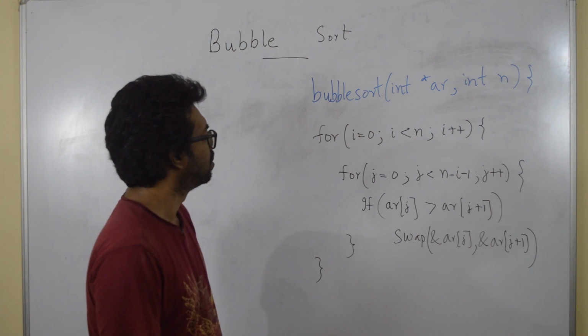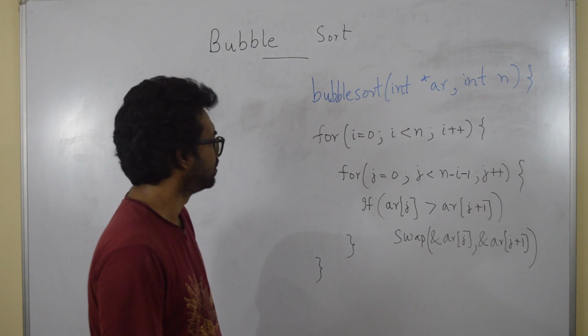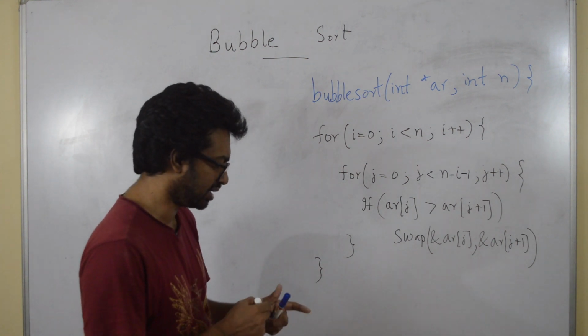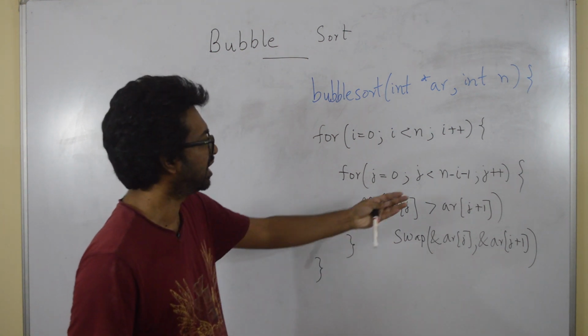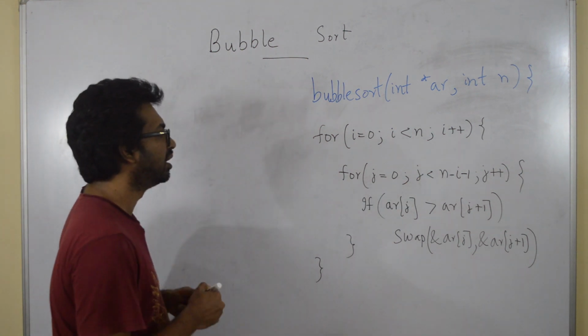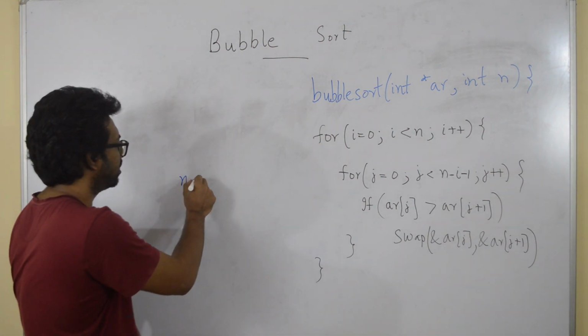Okay, now this is fine, and let's try to analyze its running time. What is the worst case running time of this? The worst case running time of the inner loop is n minus i minus 1. In the beginning i is 0, so this block takes n minus 1.